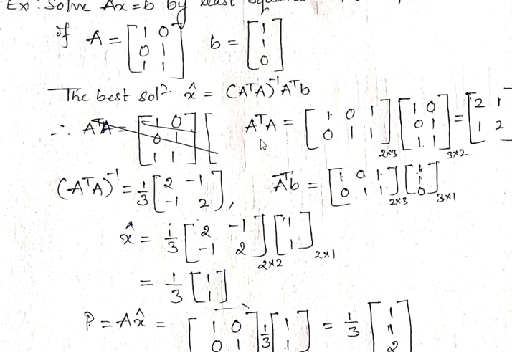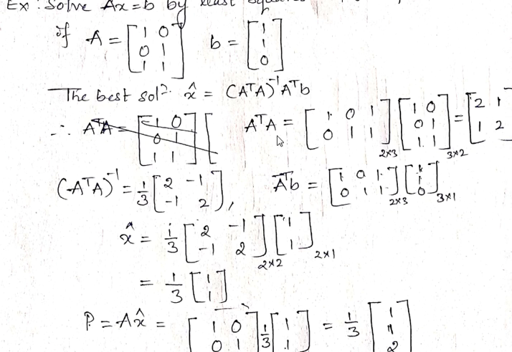When we multiply A transpose and A, we get the matrix 2 1; 1 2. To get its inverse, we need the adjoint: we keep the main diagonal as it is, change the signs of the other two entries, and divide by the determinant. The determinant is 4 minus 1, that is 3.